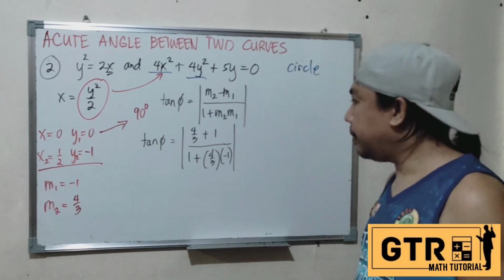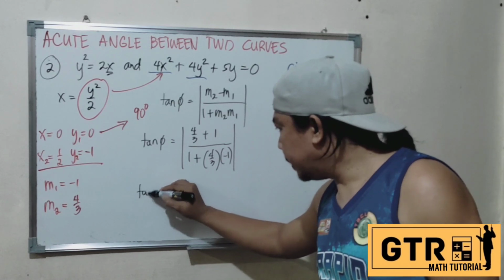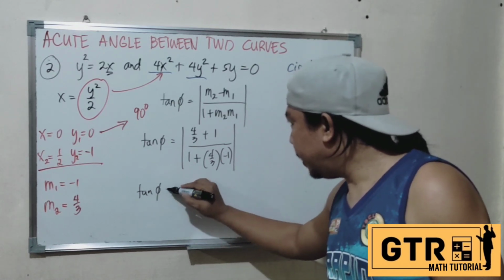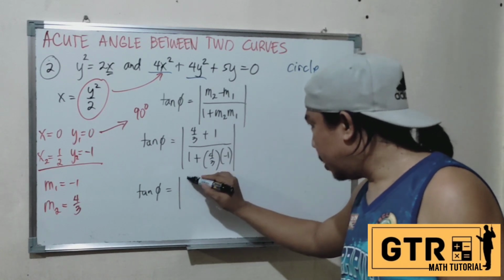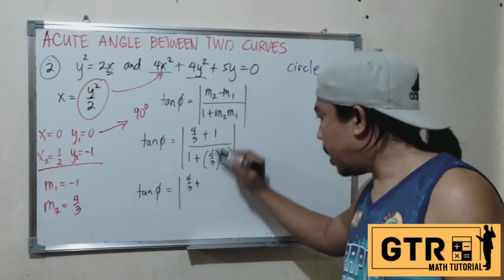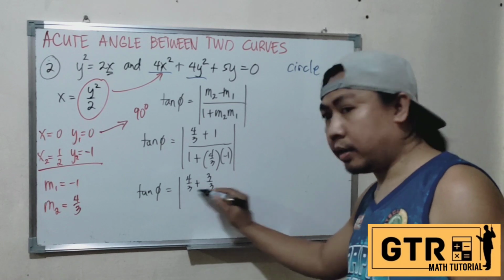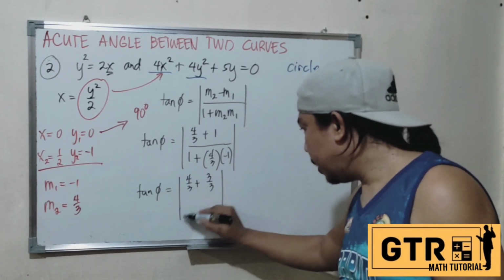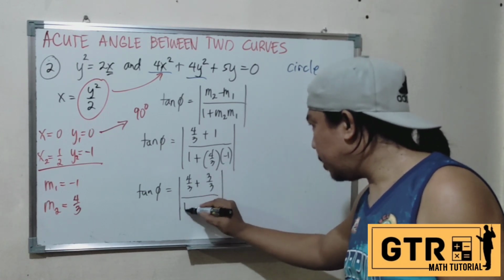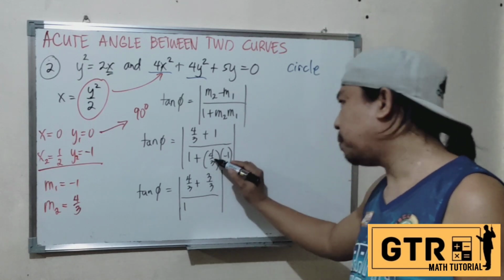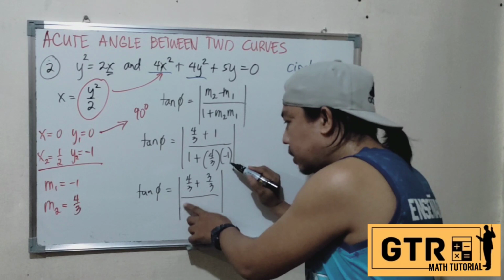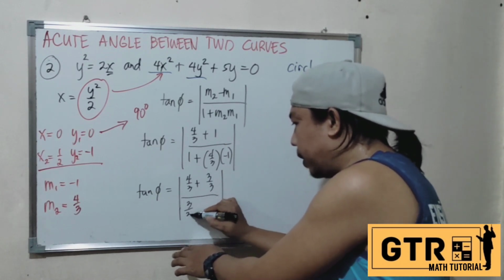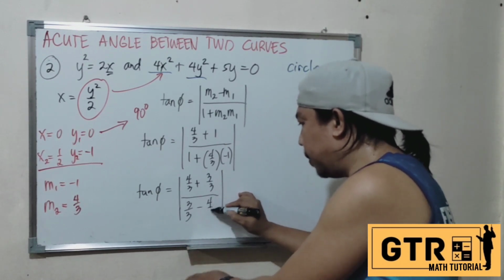Okay, so just simplify. We have tangent phi is equal to 4/3 plus 1. We can write 1 as 3 over 3, so that we have similar fractions. And then we have 1, 4/3 times negative 1, so that is negative 4/3. Express 1 as 3 over 3 again, so we have 3 over 3 minus 4 over 3.